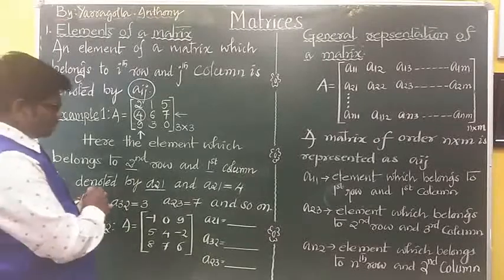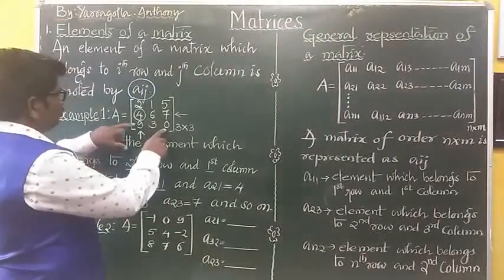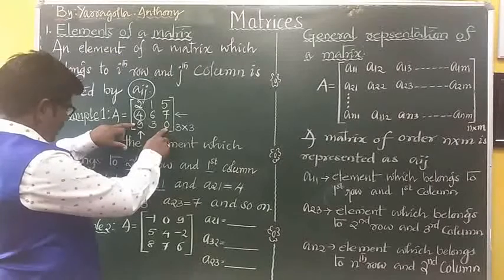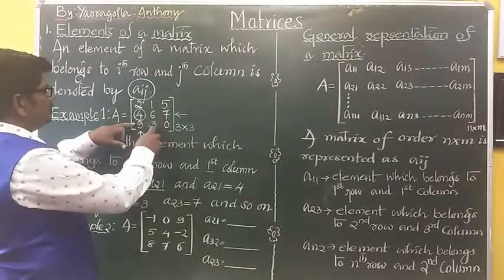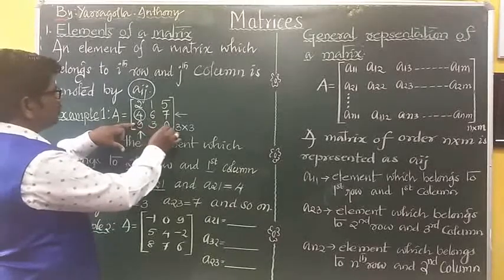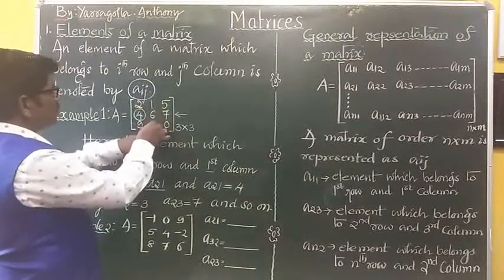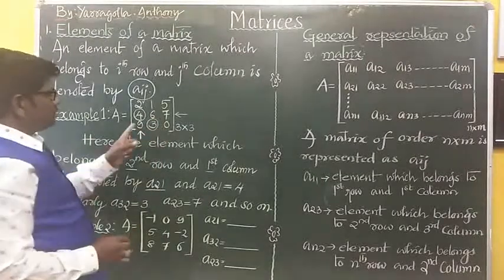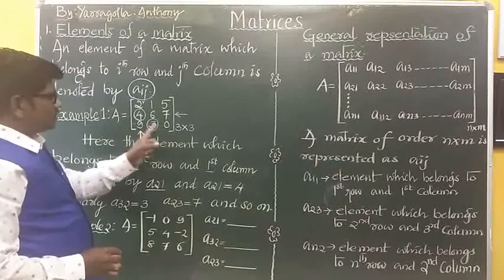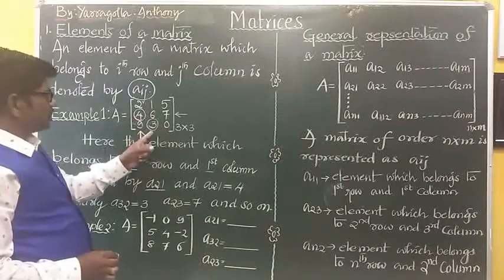Here is the third row, 9, 3, 0, and we need the second column. So the element which is in the third row and second column is nothing but 3.